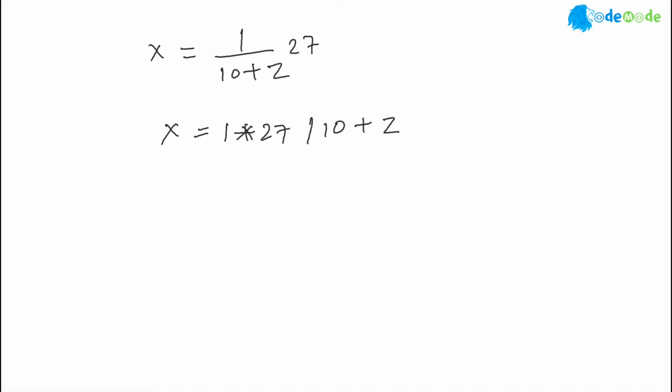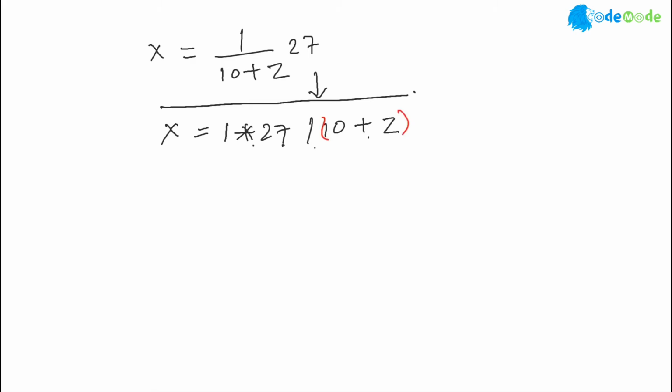Mihika, is this a valid way of writing? What do you think? Can I write 1 multiplied by 27 divided by 10 plus z? Can I do that? You have to put the parentheses on 10 plus z. Awesome.